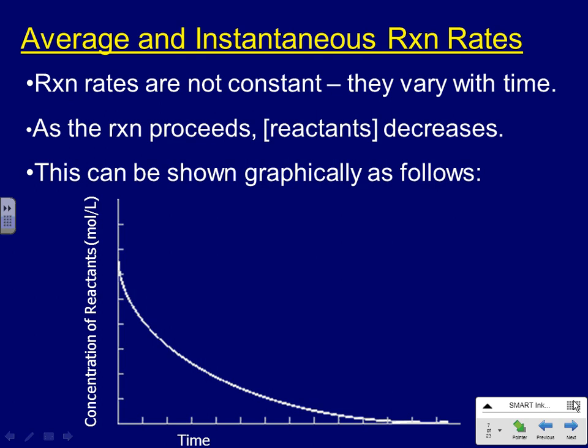A chemical reaction always initially begins at its fastest possible rate and ultimately slows down and stops. The reason the initial rate is so fast is because all of the reactants are at their maximum concentration. They're all there.